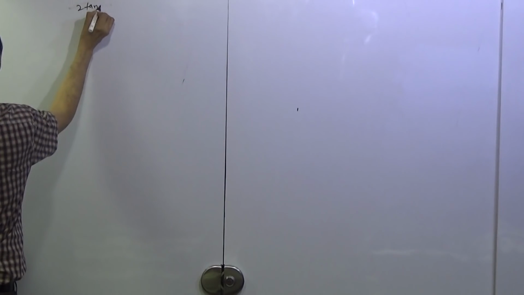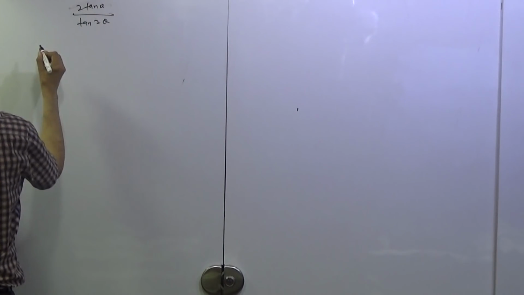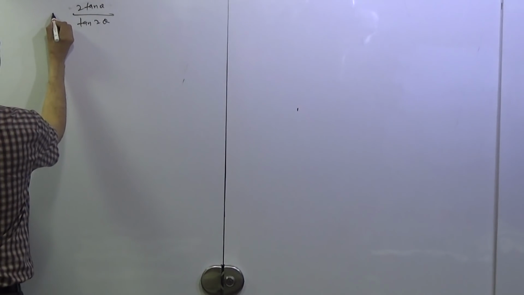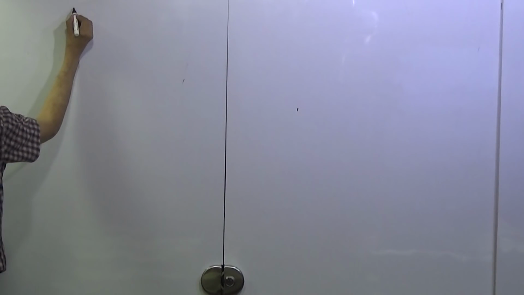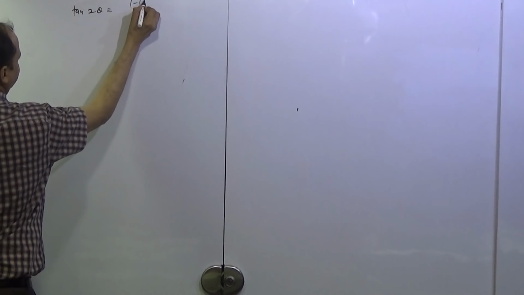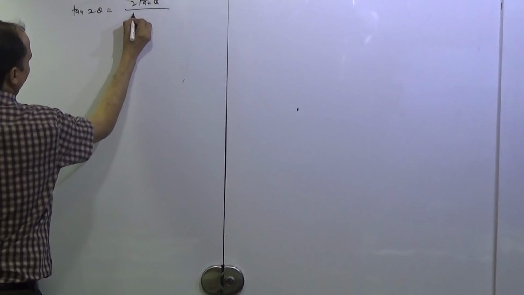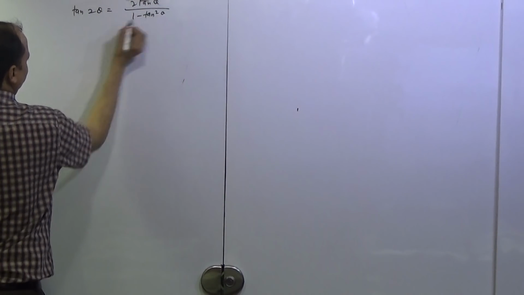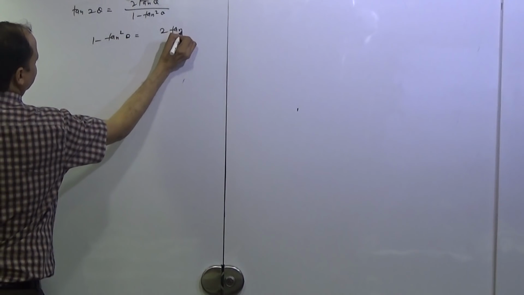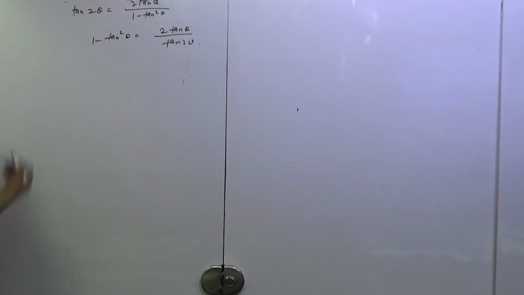See, you have tan 2 theta is equal to 2 tan theta upon 1 minus tan square theta. So 1 minus tan square theta will become 2 tan theta by tan 2 theta. Right? I'll carry it over here.